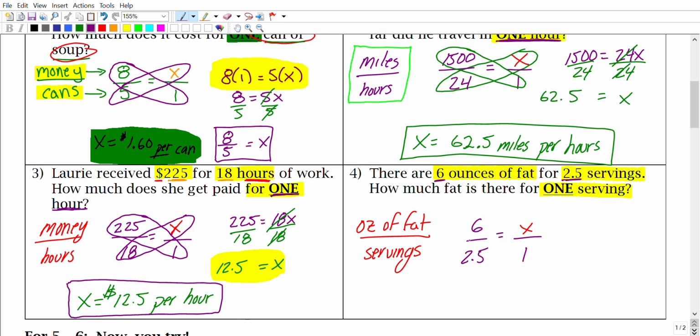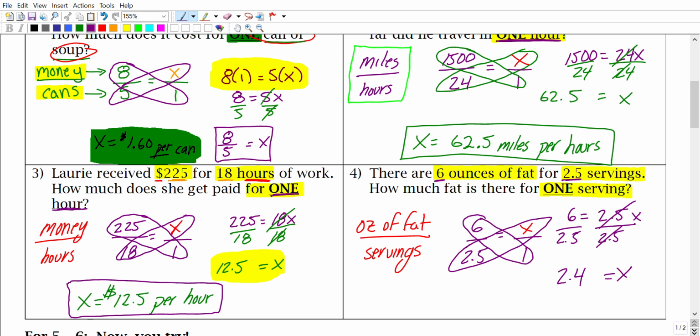So let's multiply these out. So what do I get? I get 6 equals 2.5x divided by 2.5. What do I get? I get x equals, or let's divide that out. 6 divided by 2.5 is 2.4, but again, I can't leave that as my final answer.